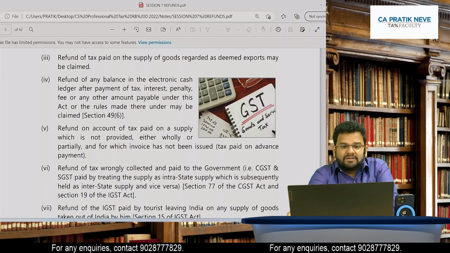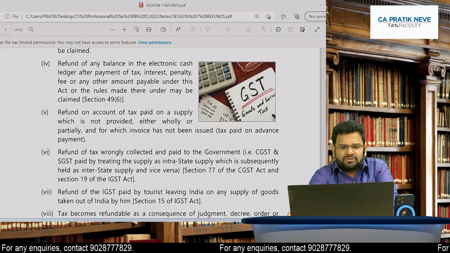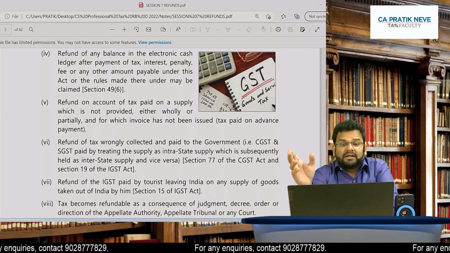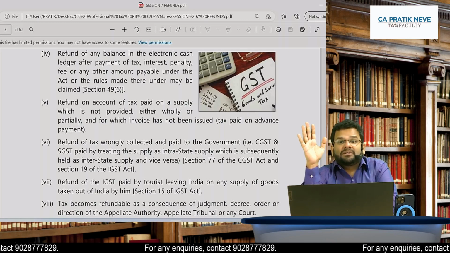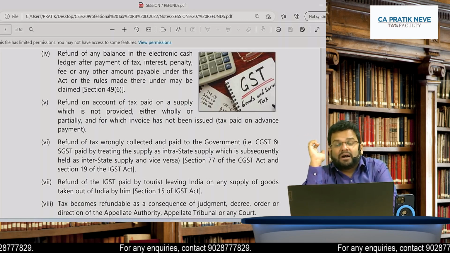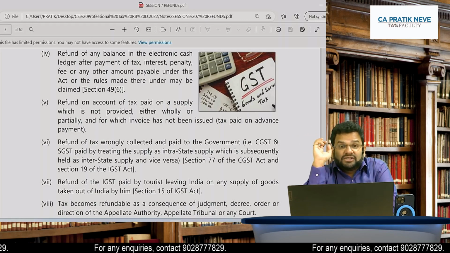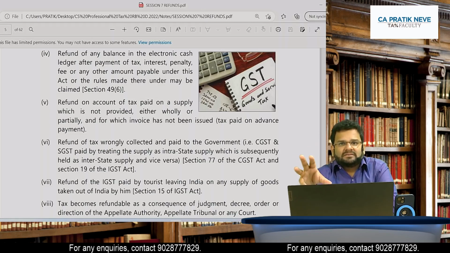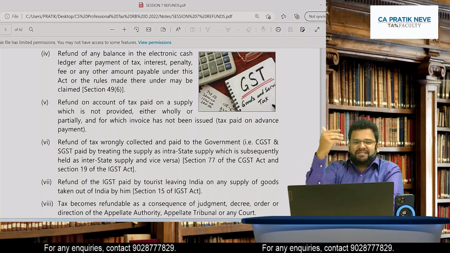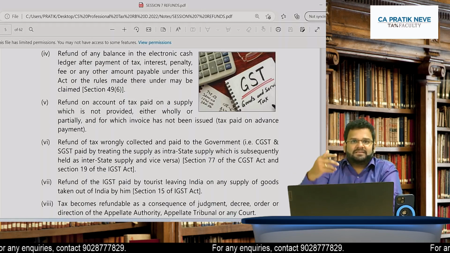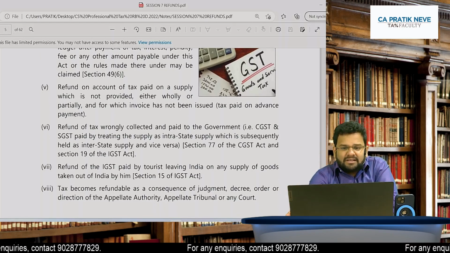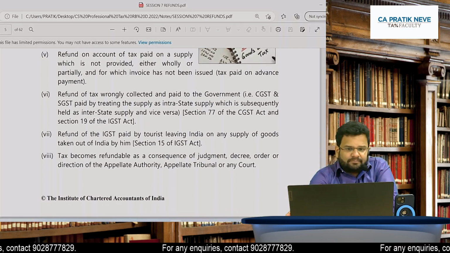Then refund of tax paid on supply of goods regarded as deemed exports. Then refund of any balance in e-cash ledger. It can happen that Pratiksha has deposited an excessive amount of GST in the e-cash ledger. After a specific time, can she claim refund of that? Yes. So these are the points where refund can be given.